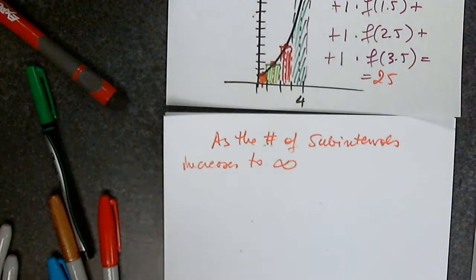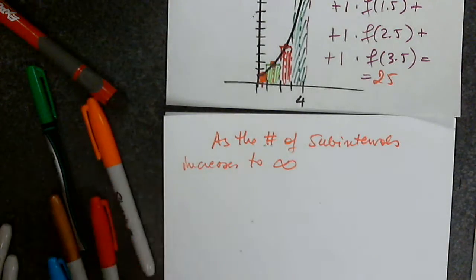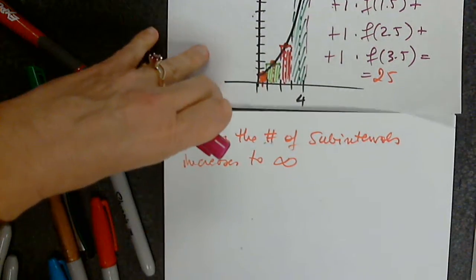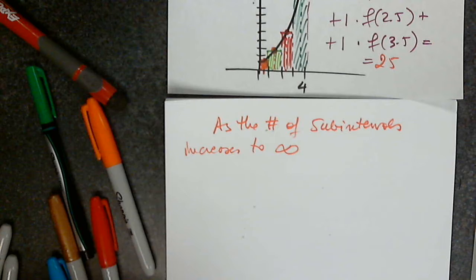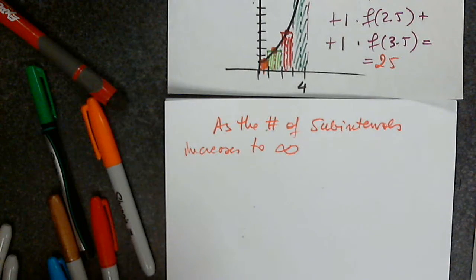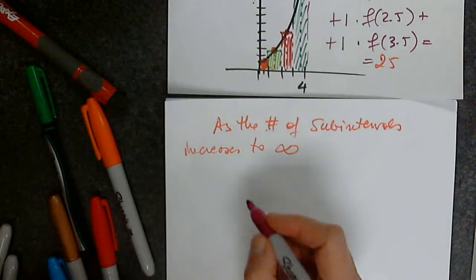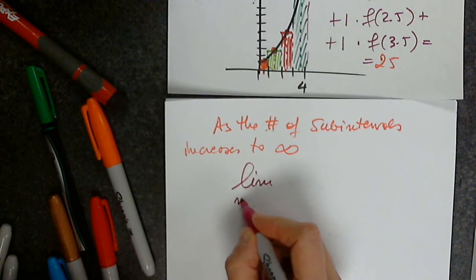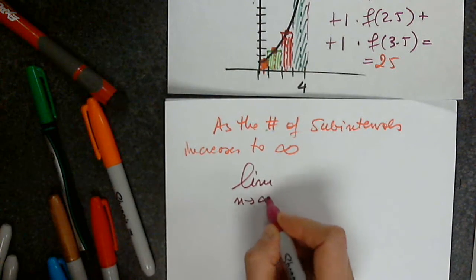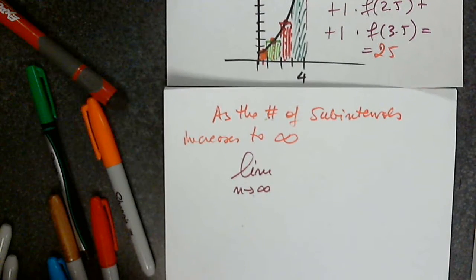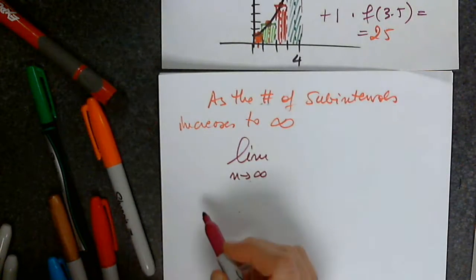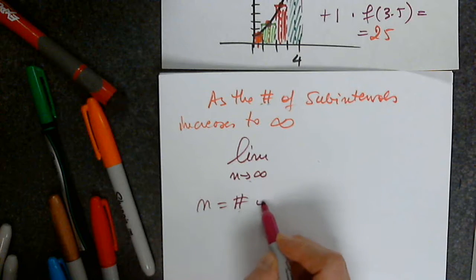As the number of subintervals increases to infinity, we will have the best approximation. Once I have the limit, as n goes to infinity, n being the number of subintervals.